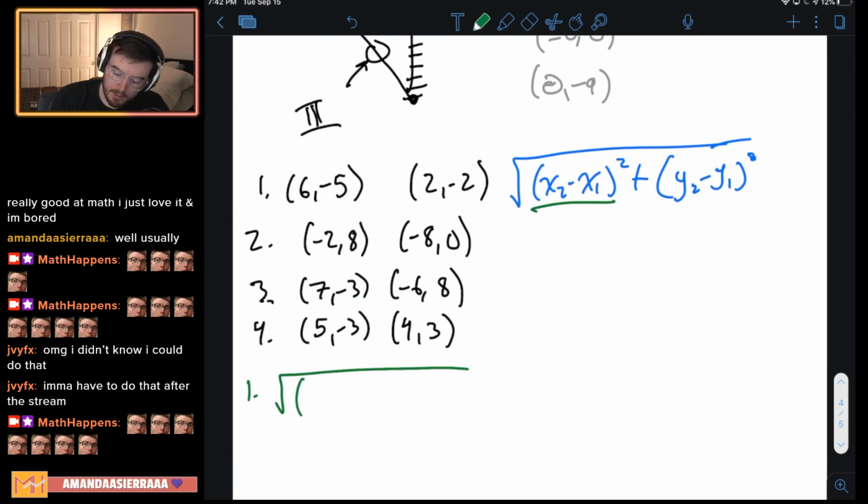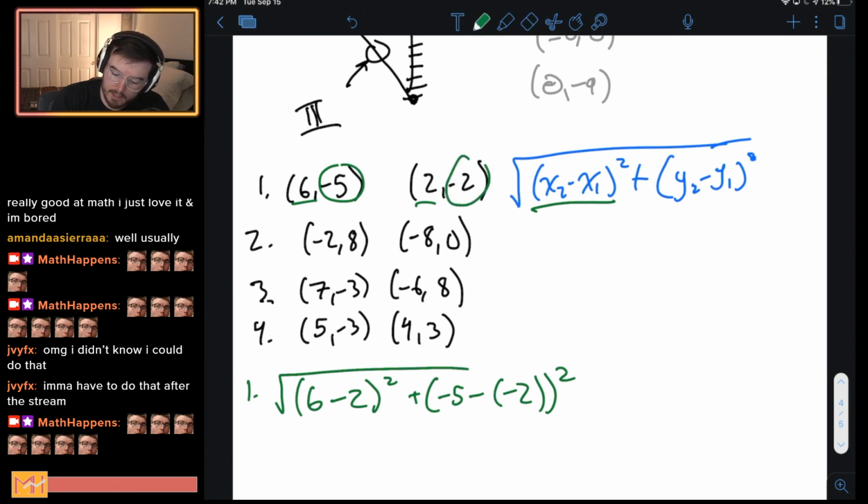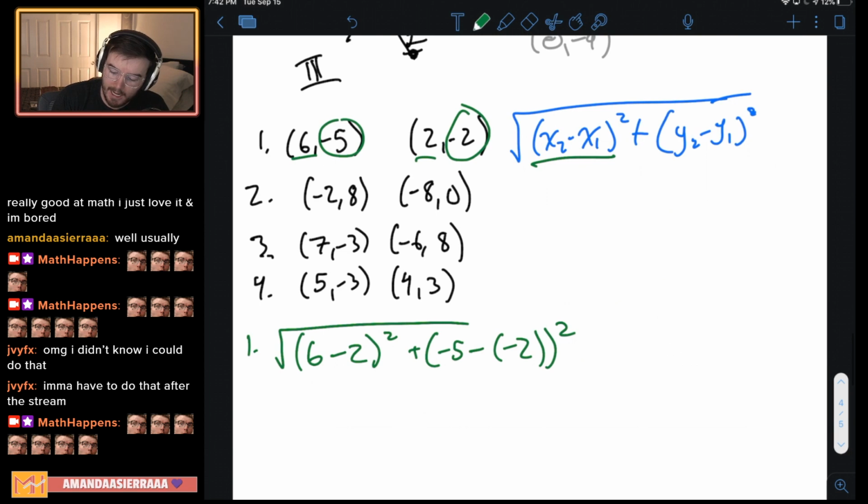So when I plug it in, 6 minus 2 squared plus -5 minus -2 squared. Take a look at what I'm doing there. I'm making it super obvious and not letting the negatives get mixed up together, so I can clearly see here that I'm subtracting a negative. Nothing's blending together.